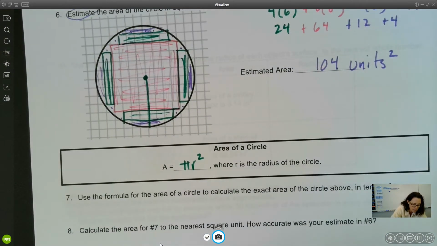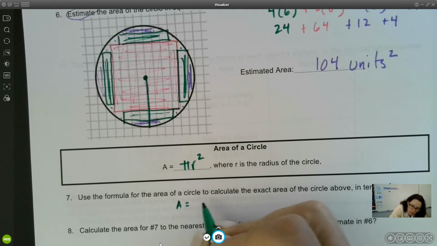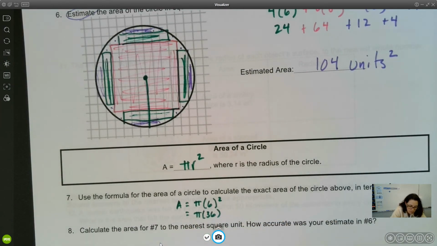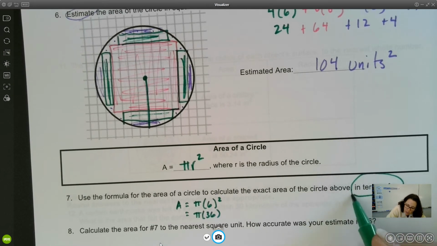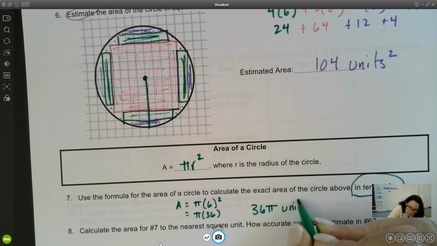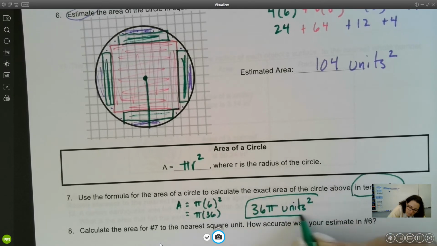The radius is 6. A equals pi 6 squared, pi times 36. Okay, so leave it in terms of pi. The answer is 36 pi units squared.